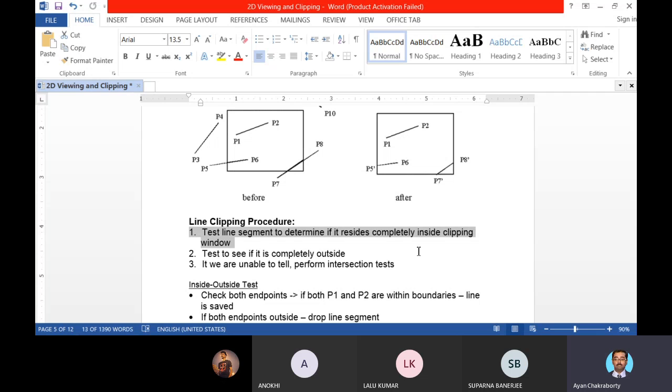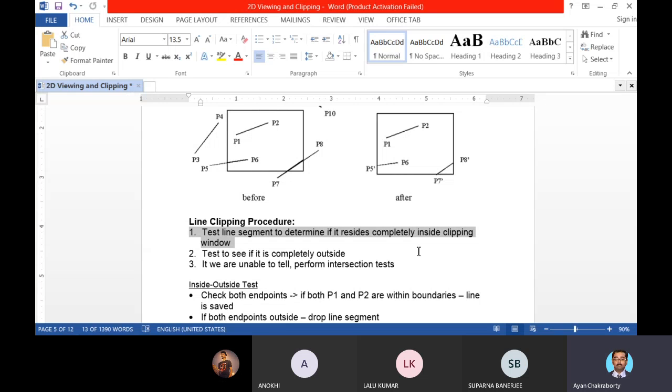We will check all the endpoints like P1, P2, P3, P4, P5, P6, against the four axis points of the rectangular window, that is XWL, XWH, YWL, YWH.